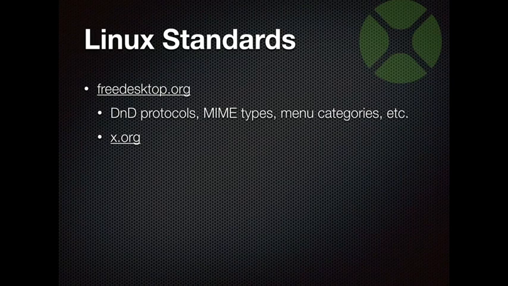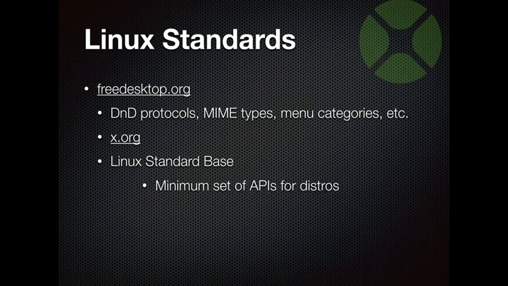Also on x.org, you can find out about more of these standard X server type features, I guess. And then they have what they call the Linux Standard Base, which is really the minimum set of APIs that each distro should support. So if you create an app that uses one of these APIs, it should work on any distro.